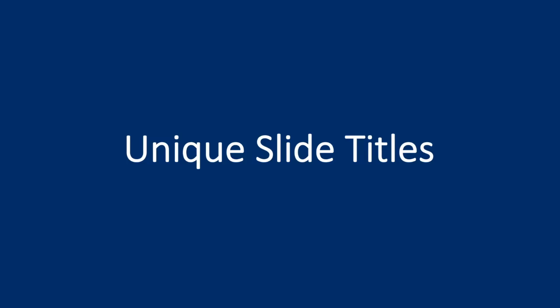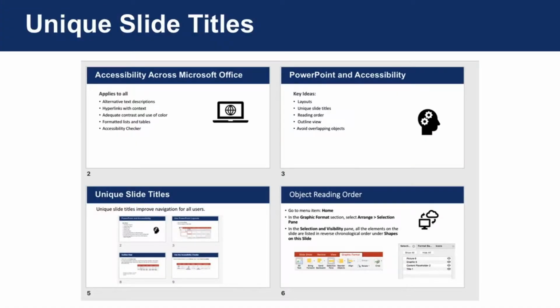Unique slide titles. PowerPoint does not have the same capability to add structured headings as you can add in Microsoft Word. There are no headings available within PowerPoint. Instead of headings, there are slide titles which function in a similar way. So it's very important that each slide has a unique slide title.